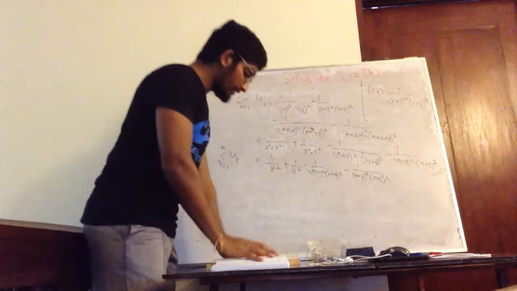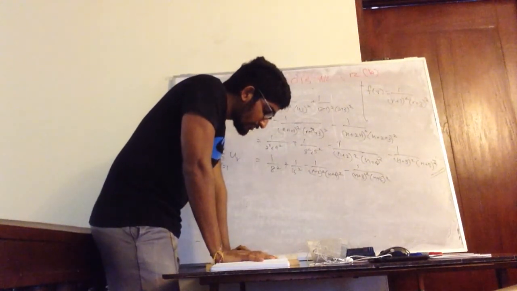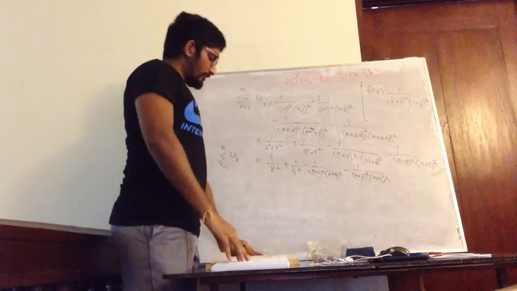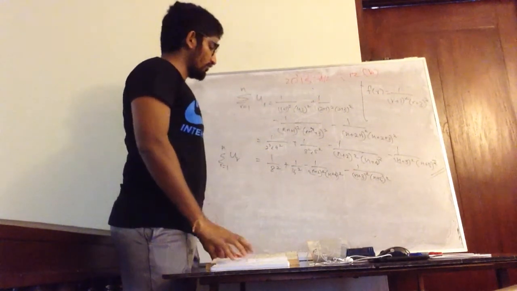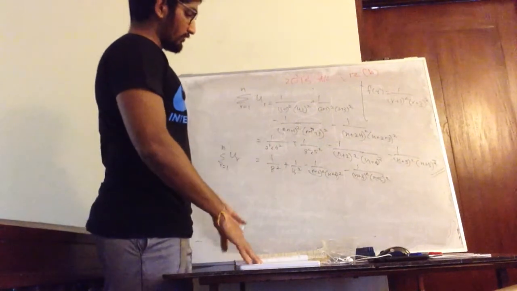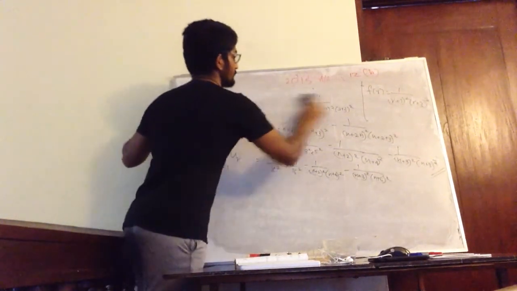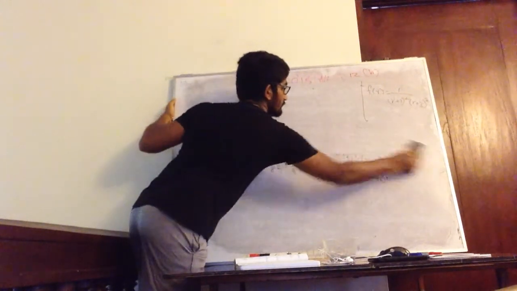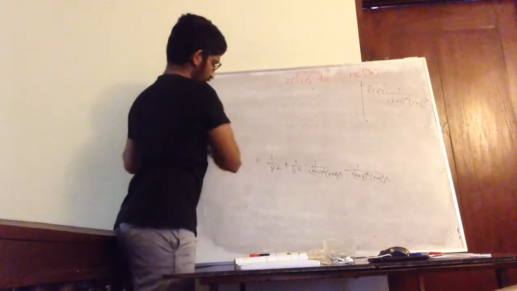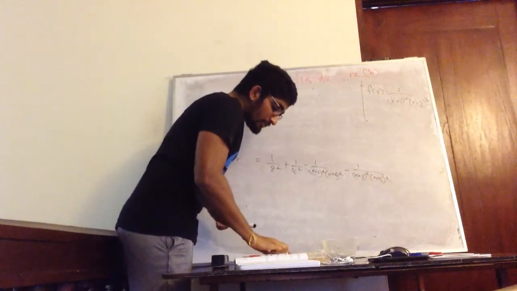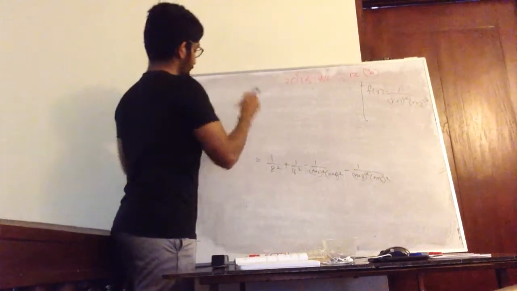Right, so what are they asking next? They are asking to deduce that the series converges to the sum of 1 over 8 squared plus 1 over 15 squared. Okay, so how can we do this now? They are asking us to get the convergence of the series.